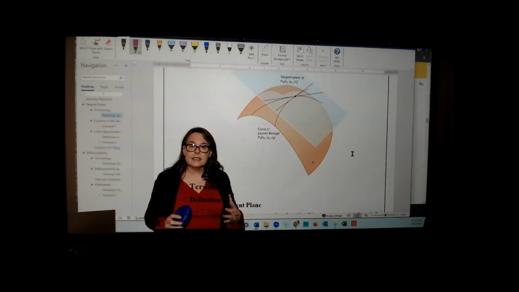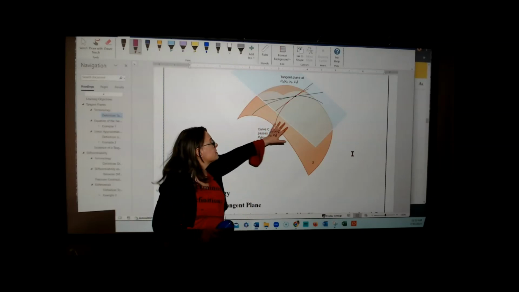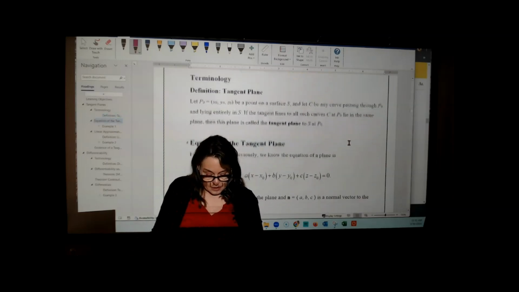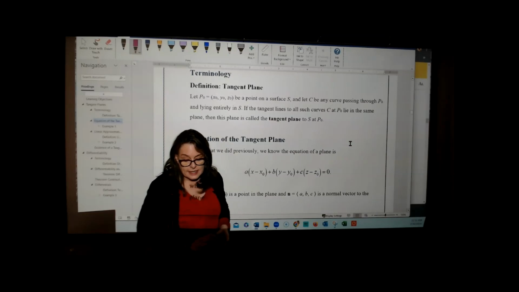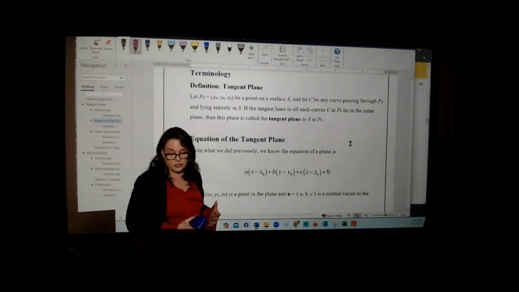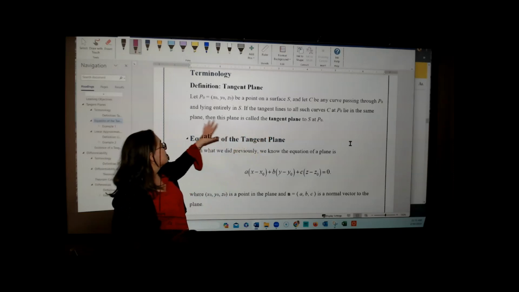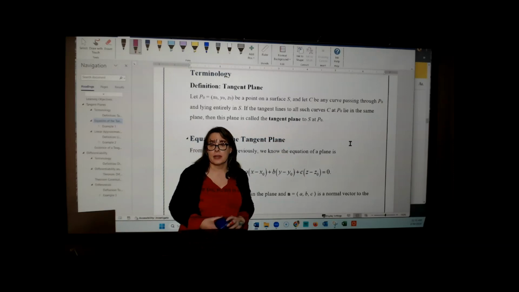If we take any such curve in the surface that goes through that point P, then we can say that all the tangent lines to all such curves C at that point lie in the same plane, and that plane is called the tangent plane.